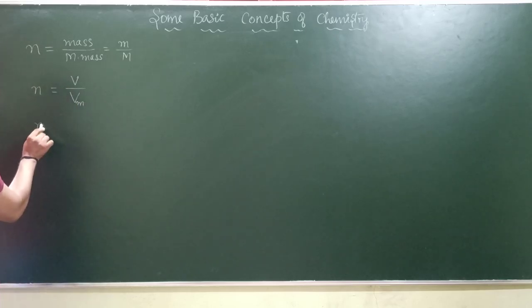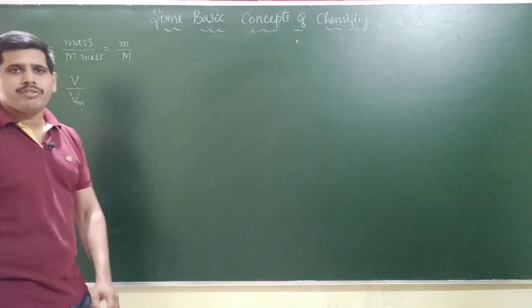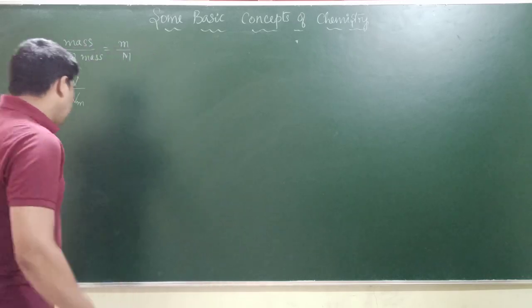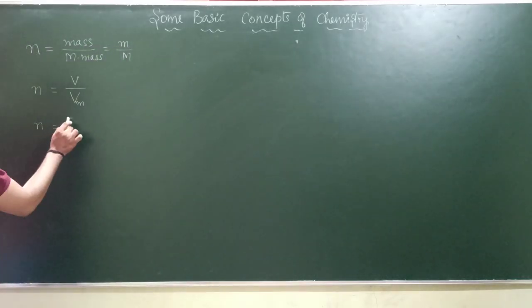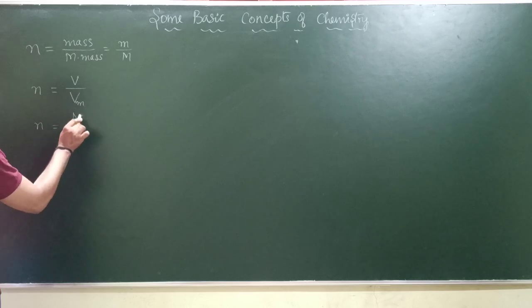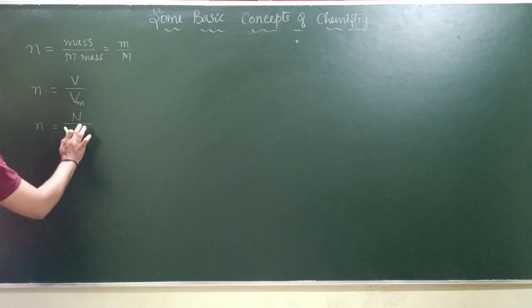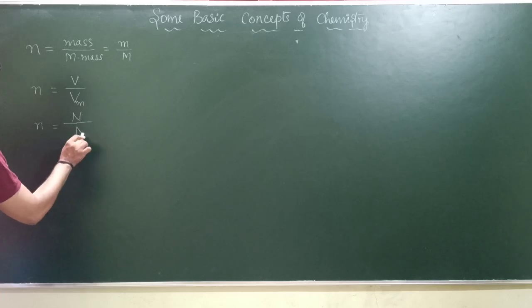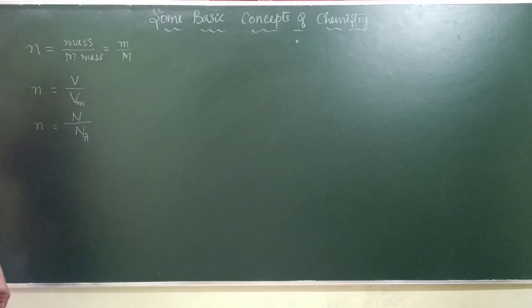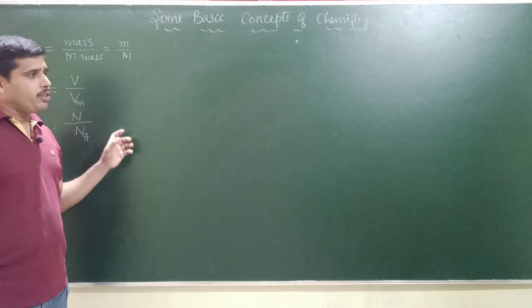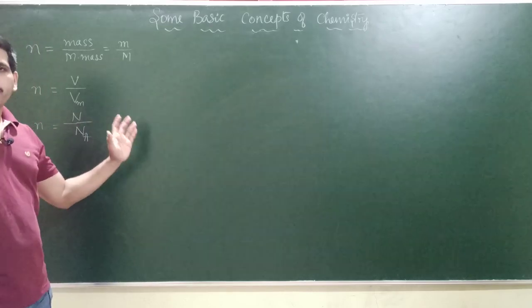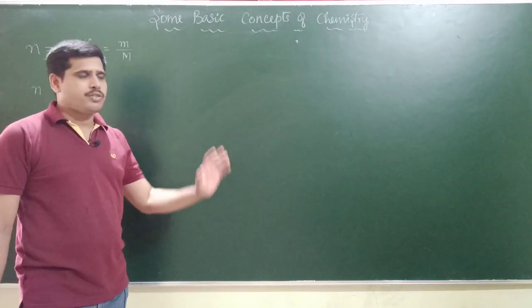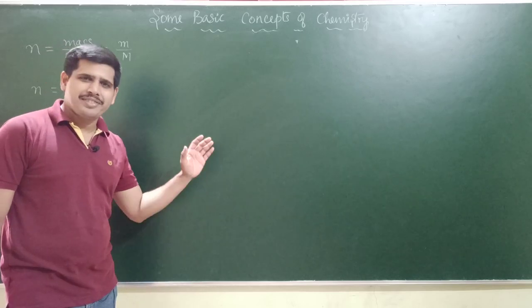And if the number of atoms or molecules is given, we can find the number of moles by dividing the given number by the Avogadro number. These are the three different formulae which will be very important for our next topic. Clear with that, dear students?